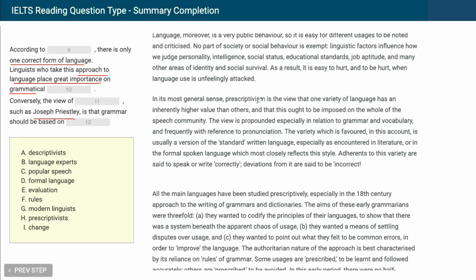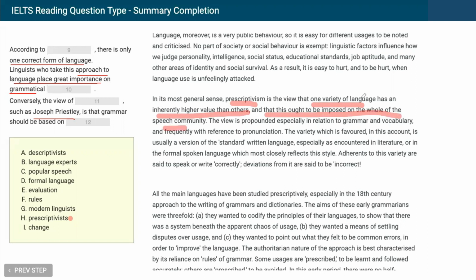So I'm just going to read here to get an idea. And I see prescriptivism, which is similar to one of our words here, H, prescriptivists. It is the view that one variety of language has an inherently higher value than others, and that this ought to be imposed on the whole of the speech community. Wow.